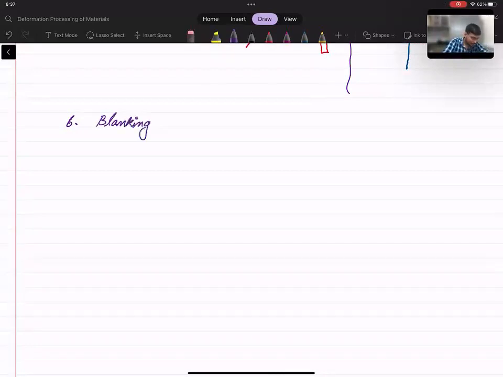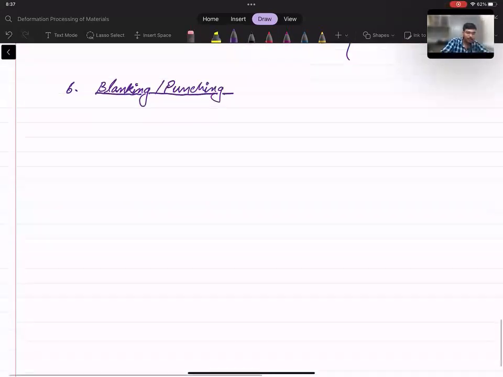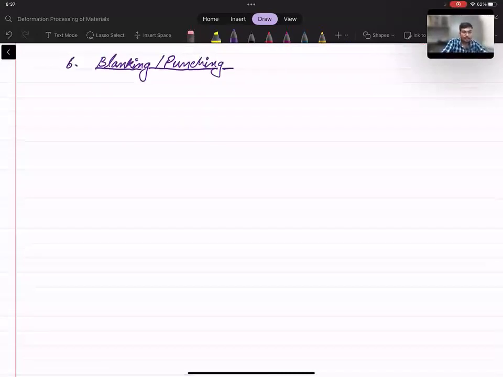Blanking or punching. They are basically the same operation, but based on the final product form, we give them the names blanking and punching. So suppose there is a die onto which the blank is kept.